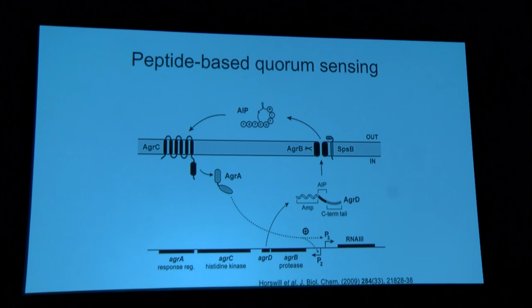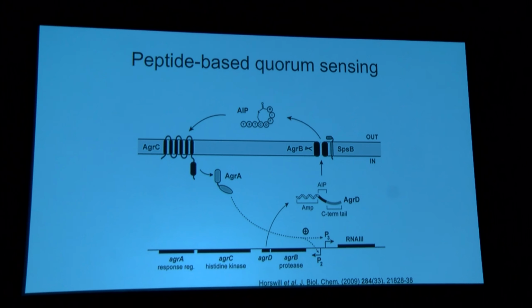We wanted to target this both because we wanted a new kind of communication system, and also because we wanted essentially communication lines, chemical lines between cells that would have minimal crosstalk. And so this is the quorum sensing system from Staphylococcus aureus.